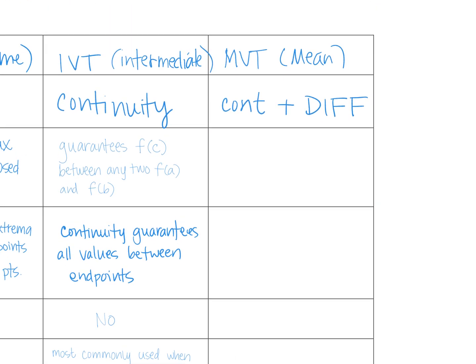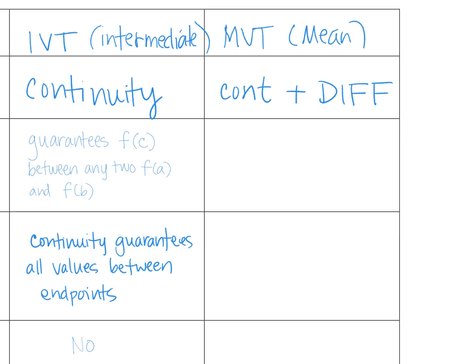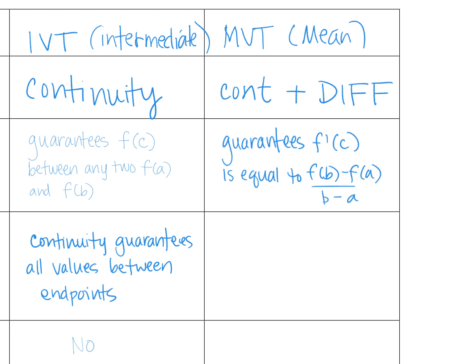Last one. Because we have the bonus of differentiability on the mean value theorem, our guarantee has to do with f prime. It guarantees that f prime is equal to the difference quotient of f of b minus f of a over b minus a. That has to do with the slope.